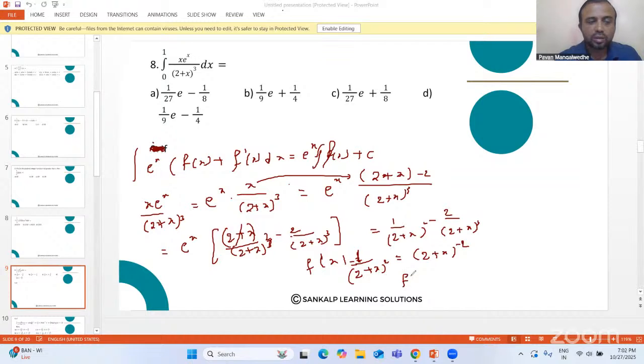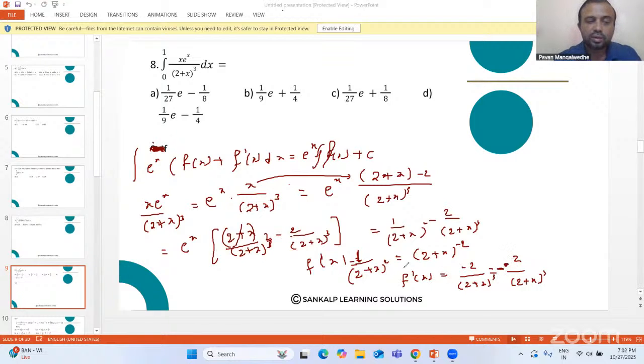And f dash of x can be written as minus 2 upon (2 plus x) the whole cube.